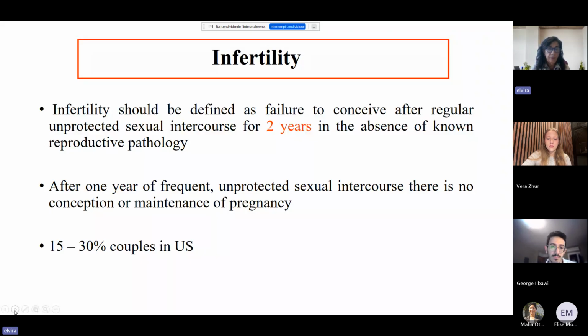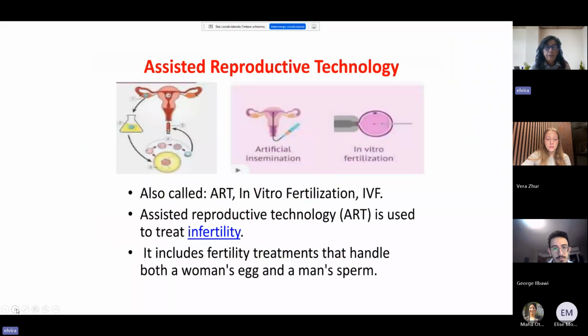And this is an issue for many couples worldwide, and in the US it has been estimated that from 15 to 13% of couples have this type of issues. And in that case, we have to use these techniques. The most known of them is IVF, that is the acronym for in vitro fertilization.